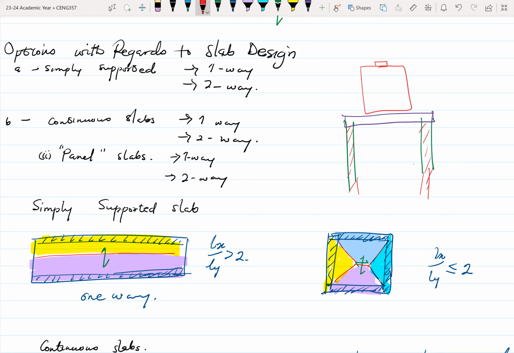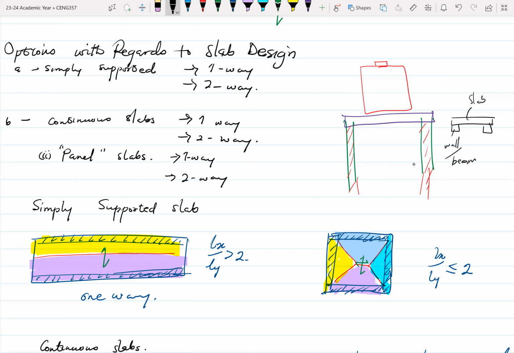So the slab, if you look at it in terms of its behavior, this is how the slab looks like. So this is your slab, and this could be the wall. It could be wall or it could be beams, depending on how the design was done. So the analysis process is very similar to that of beams.